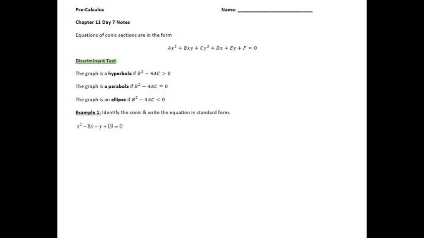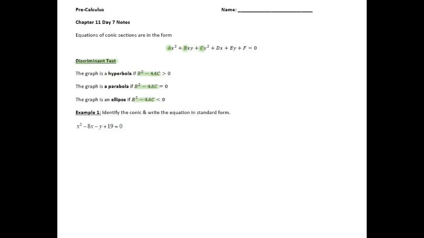Now if you look at the actual discriminant, the discriminant is something we've talked about in algebra before. It's usually what's underneath the radical when we are using the quadratic formula. If you remember, x equals the opposite of b plus or minus the square root of b squared minus 4ac. That's the part that's underneath the radical, and it's called the discriminant there too. But the idea here is if we check that value using the coefficients in the equation, if we get a number greater than 0, it's a hyperbola, equal to 0, it's a parabola, and less than 0, it's an ellipse.